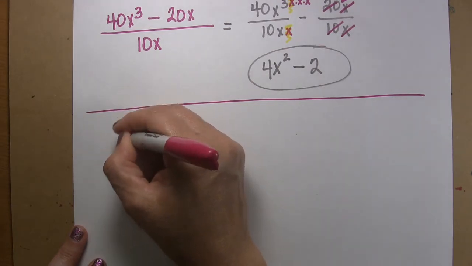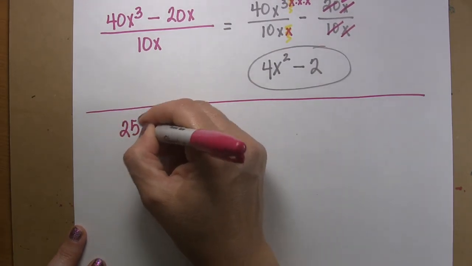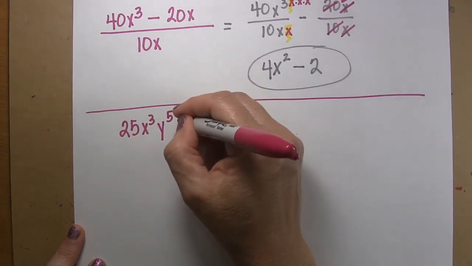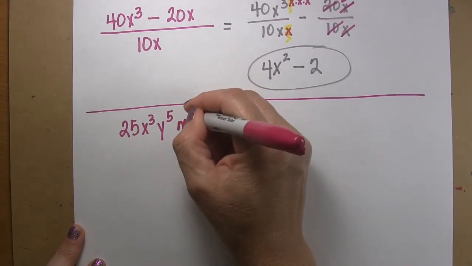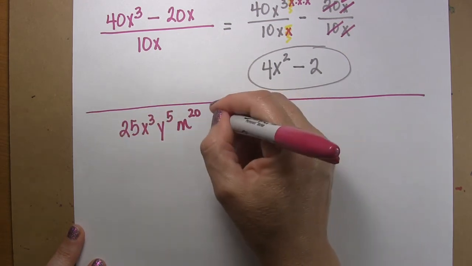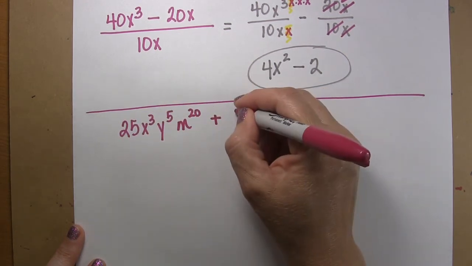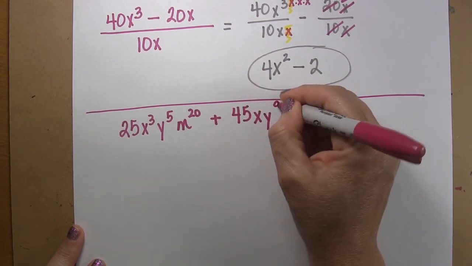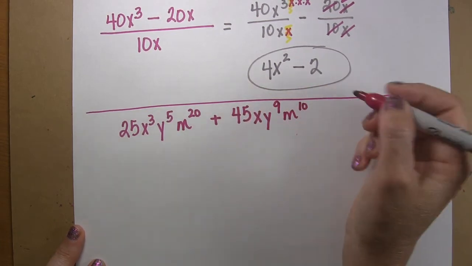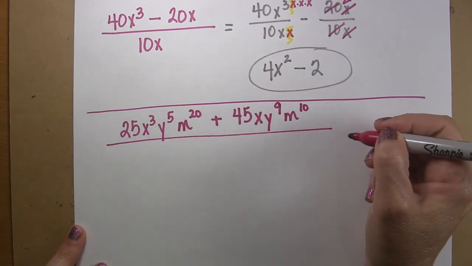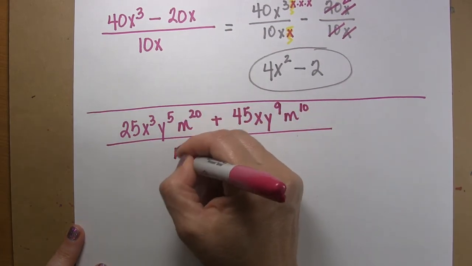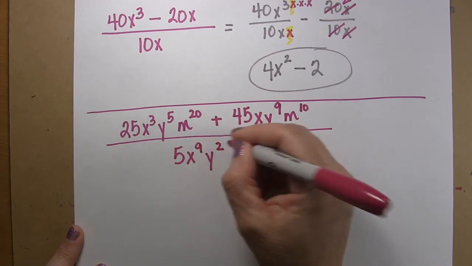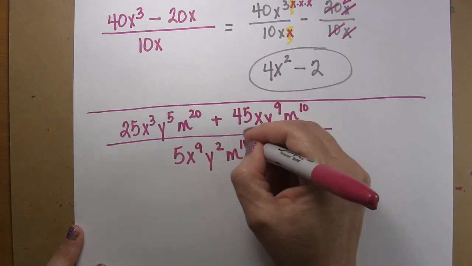Let's say I had 25x to the third, y to the fifth, m to the 20th, plus 45x, y to the 9th, m to the 10th, and I divide it all by 5x to the 9th, y to the 2nd, m to the 100.